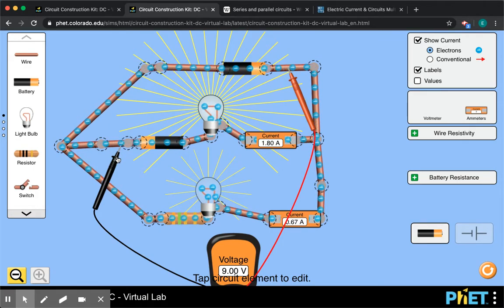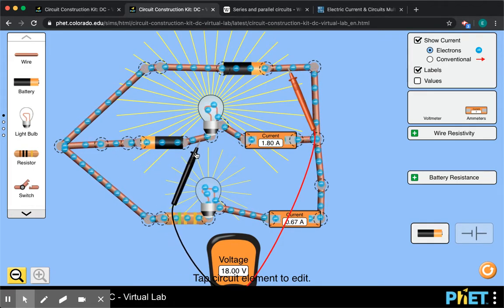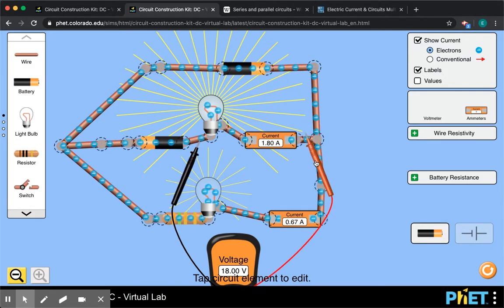But if I measure the voltage from here, notice how it's 18. It's 18 because now it's gone through two charging stations, okay? It's gone from this top battery once, and then it passes this second one again, and now it has 18 volts, okay? So this is the top series circuit only.